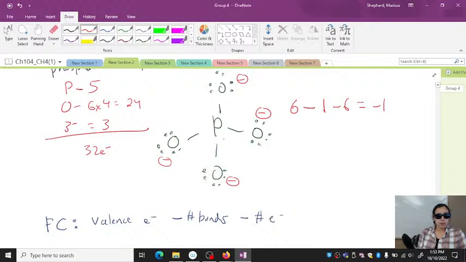Well, let's check phosphorus really quick. So phosphorus, how many valence electrons? So 5 minus how many bonds? 4, so 1, 2, 3, 4 lines to it. How many lone electrons on there? So it should be 0.